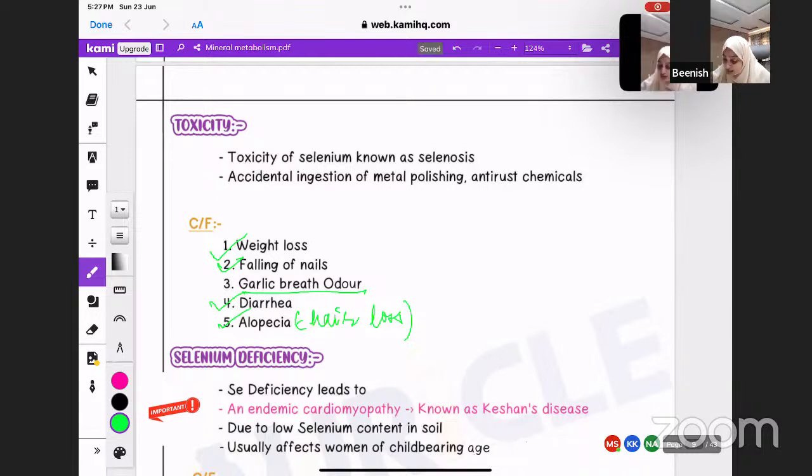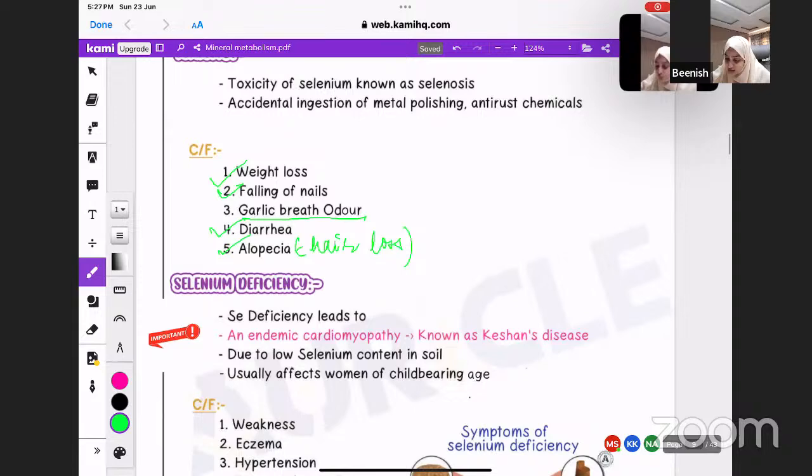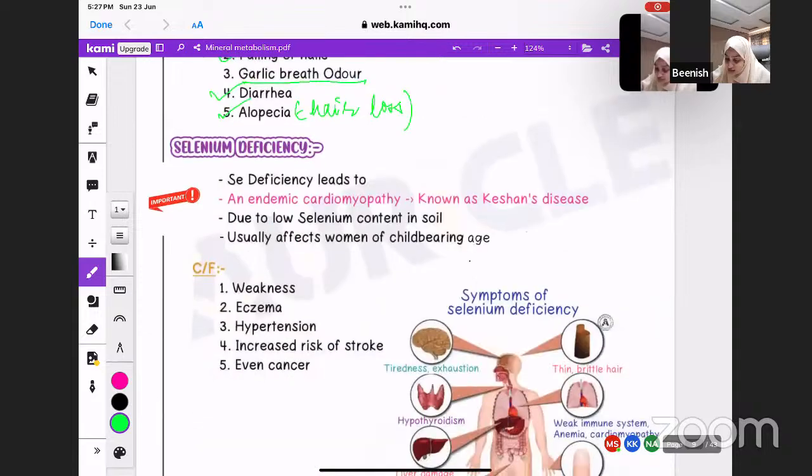Now talking about selenium deficiency. Selenium myopathy is known as Keshan disease.